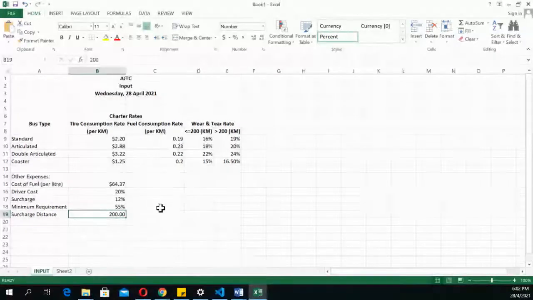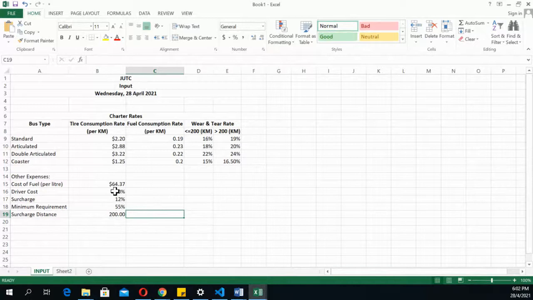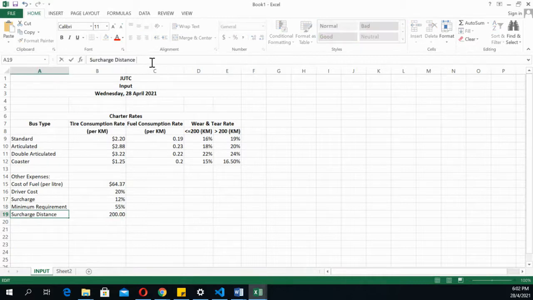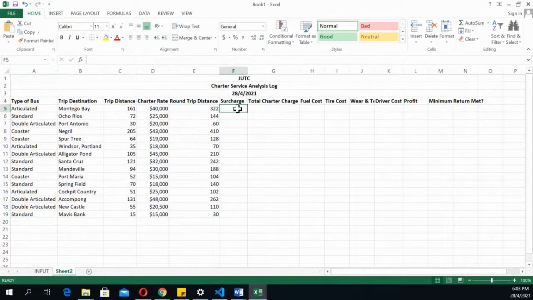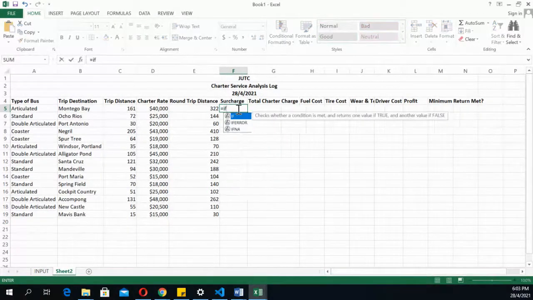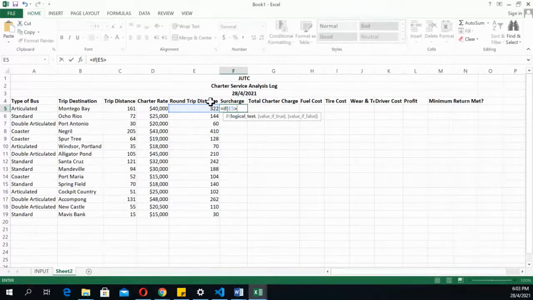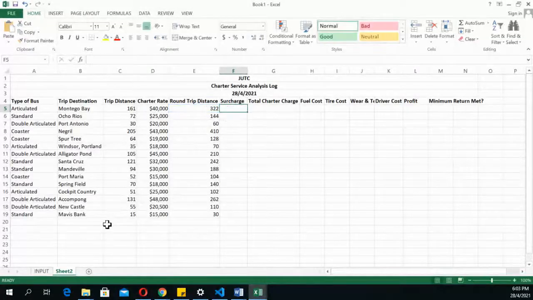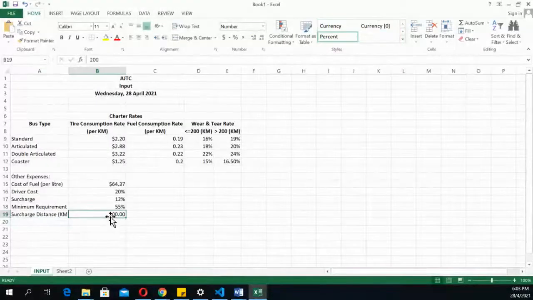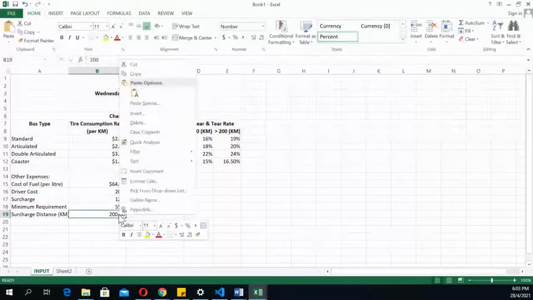If it has a unit, put the unit somewhere else, but put only the values here. So I put round trip distance and then km in brackets, to let everybody know it's 200 kilometers for the round trip. For the surcharge distance, you say if the round distance is greater than the surcharge distance. You can just use left aligned still.